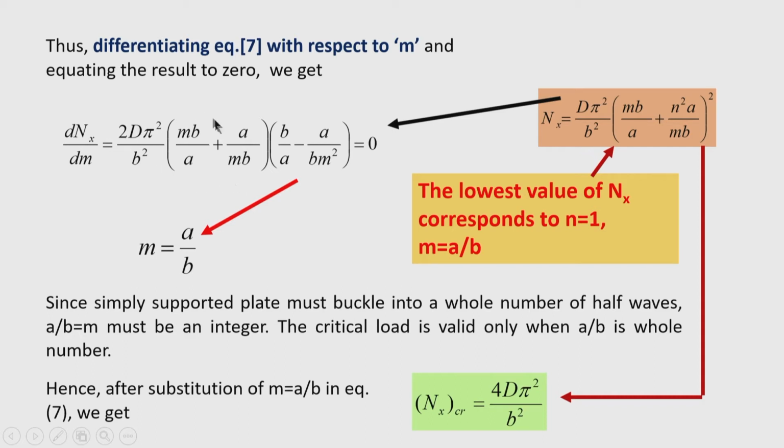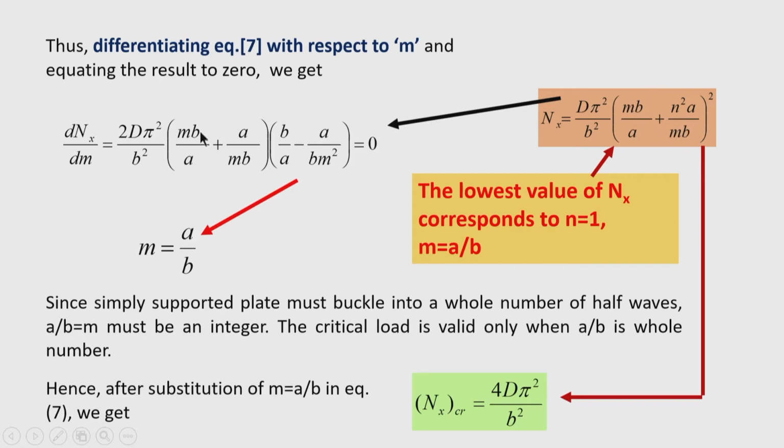Now, after differentiating we get this 2 d pi square by b square into m b by a plus a by m b into b by a minus a by b m square. How m square is coming? Because here if you differentiate, first you differentiate the quantity inside the bracket.